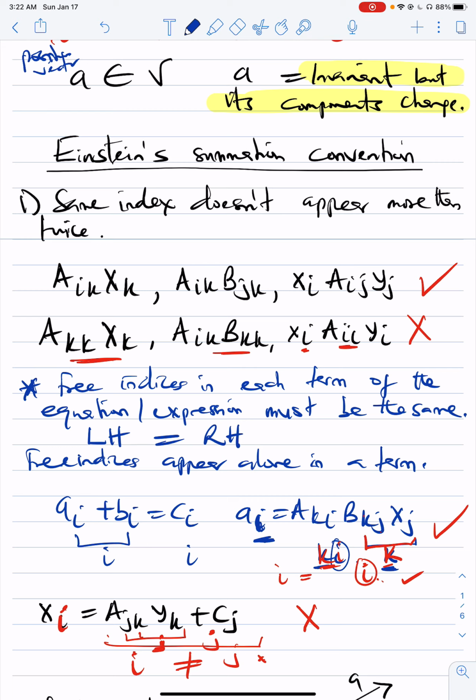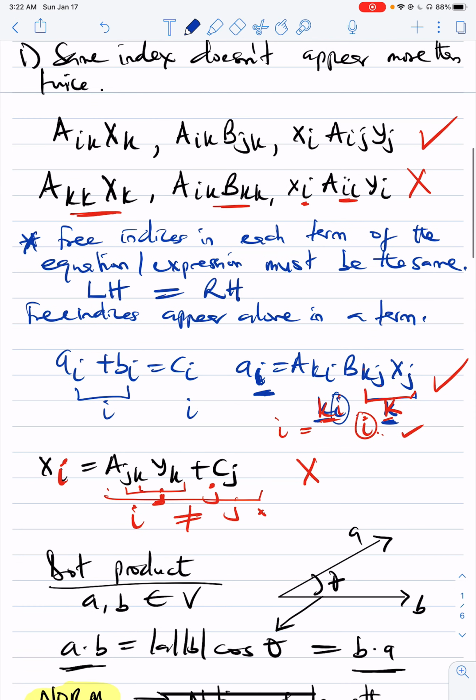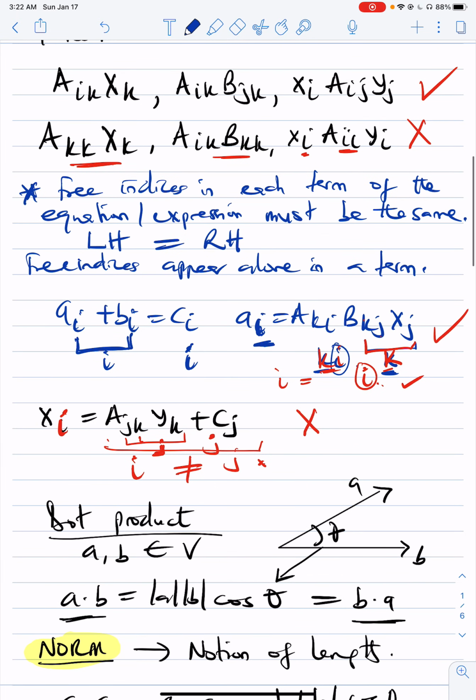The same index does not appear more than twice, and the free index on each side of the equation must be the same. So if you're getting an i here, you should get an i on the right hand side. Similarly here, if you're getting an i here, then on the right hand side you should be getting an i too.